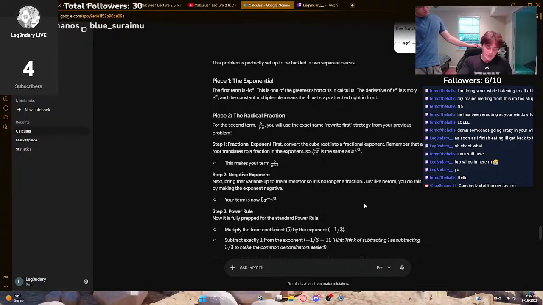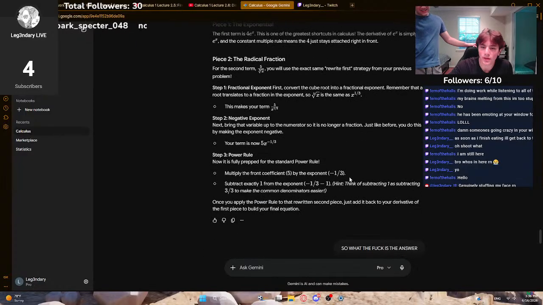Okay, so the next one is you subtract 1 from the exponent. So the exponent then goes into 5, 1 over 3 minus 1. So this turns into negative 4/3.